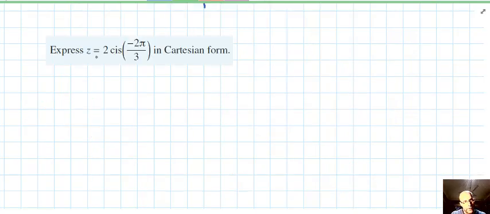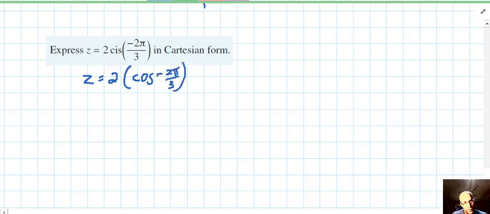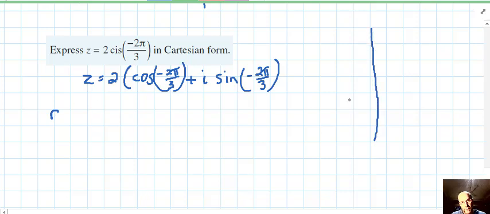Finally, now we're going to convert this polar form complex number into Cartesian form, and we have 2 cis negative 2 pi on 3. You don't need to write this, but you do know that it's cos negative 2 pi on 3 plus i sine negative 2 pi over 3. So we basically have, in polar form, 2.